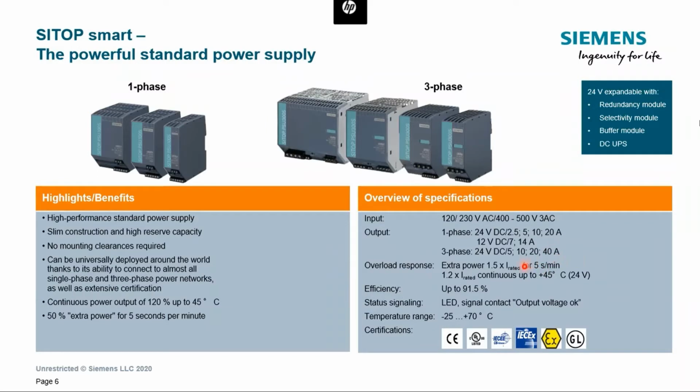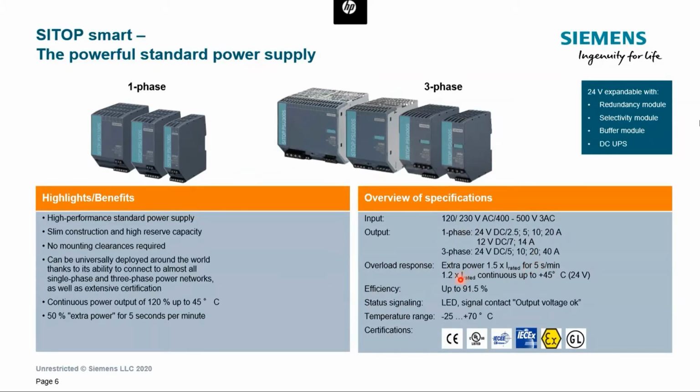So if you have a 10 amp power supply and the load becomes 11 or 12 or 13 amps, as long as it's for a short period up to 5 seconds and not frequent, maybe every minute or more than that, then this is okay for this power supply.